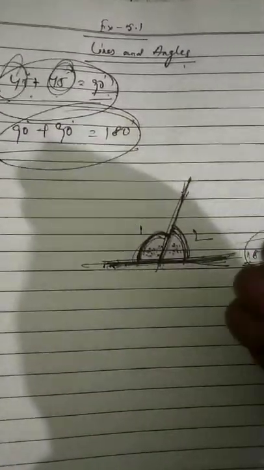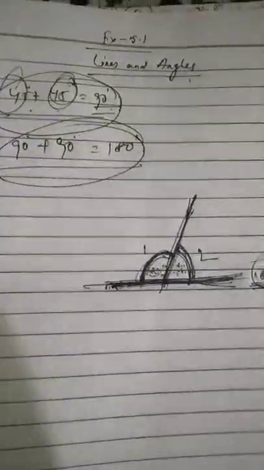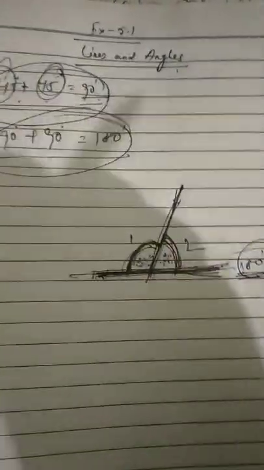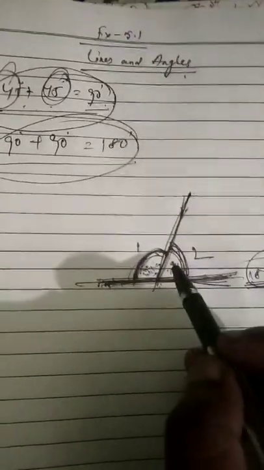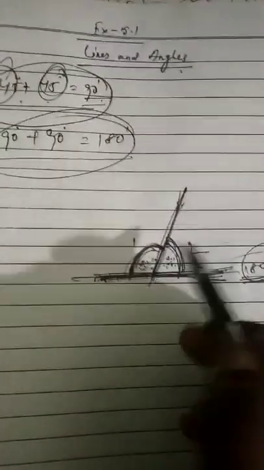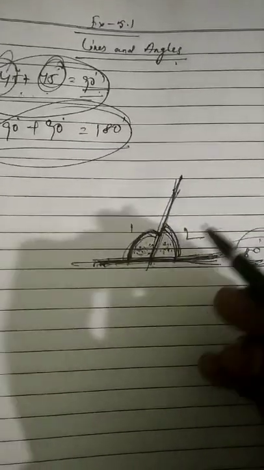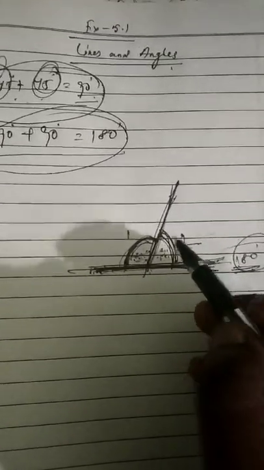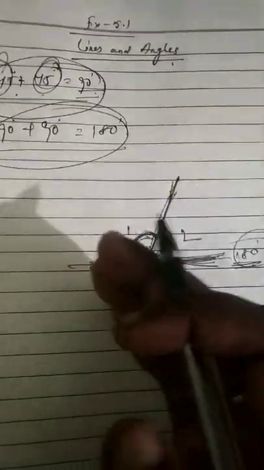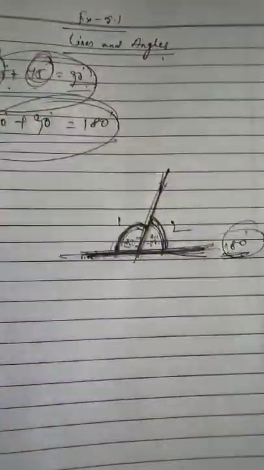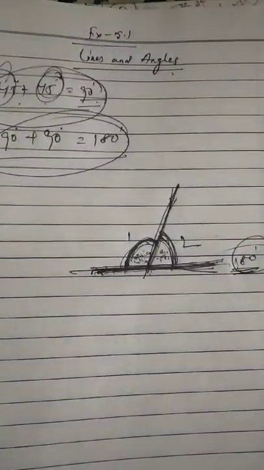What changes will be seen in angle 2? I'm repeating my question once again. As we can see, angle 1 is larger and angle 2 is smaller. What changes will come if angle 1 decreases? Children, I have got a best example to explain.